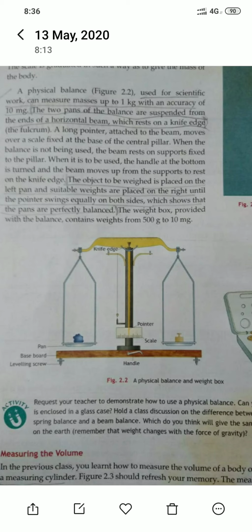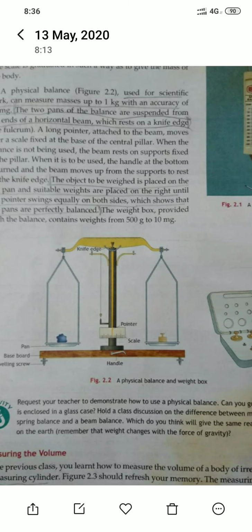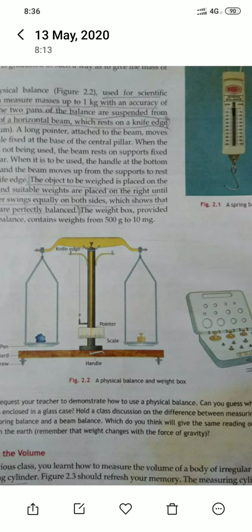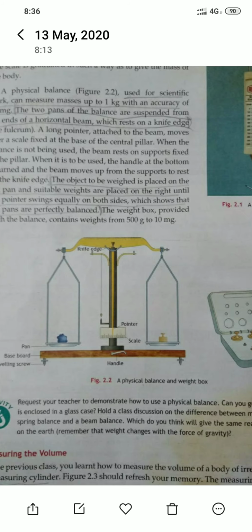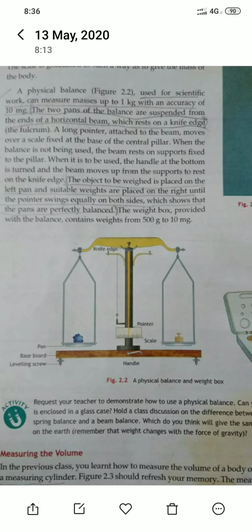So we put the weights from the weight box on the other pan, and when both are balanced, the pointer comes to the 0 point, and in this way we find the mass. Whatever weight we have kept on the other pan gives us the mass of this object.